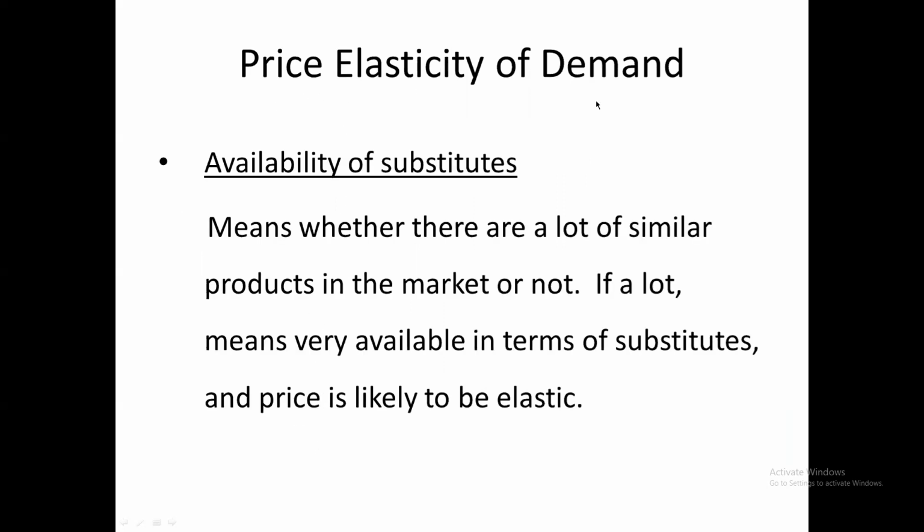The price elasticity of demand and availability of substitutes: if there are lots of substitutes of a drug, that may change the strategy of pricing. It means whether there are a lot of similar products in the market or not. If there are a lot of substitutes available, demand is likely to be elastic. Obviously, our prices should be elastic.